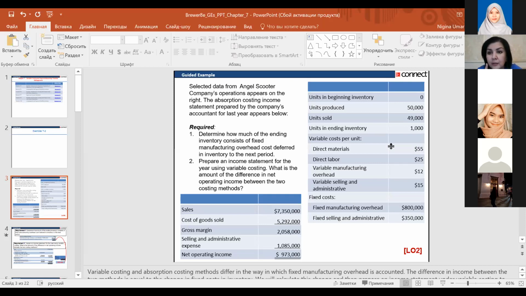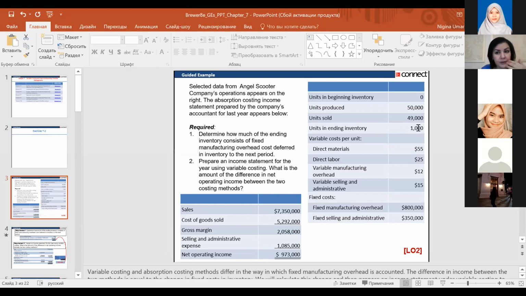$16 of manufacturing overhead resides in each of these 1,000 units. So got the point? Each one of the 1,000 units has $16 of manufacturing overhead under absorption costing.